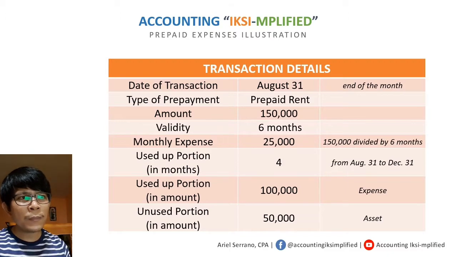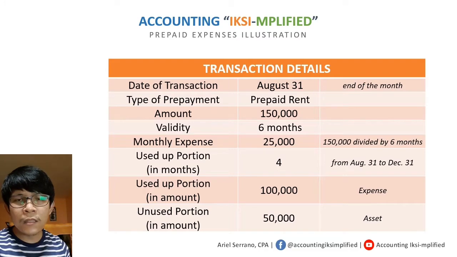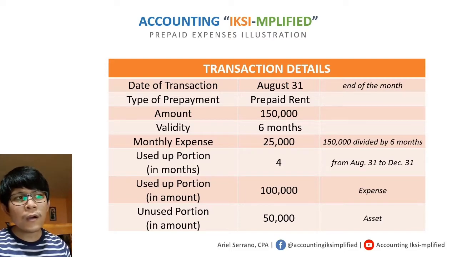Now, this is a prepaid rent of 150,000 with a validity of 6 months. To compute the monthly expense, we divide the 150,000 by 6 months, and you will arrive at 25,000. Now, the used up portion in months is 4.